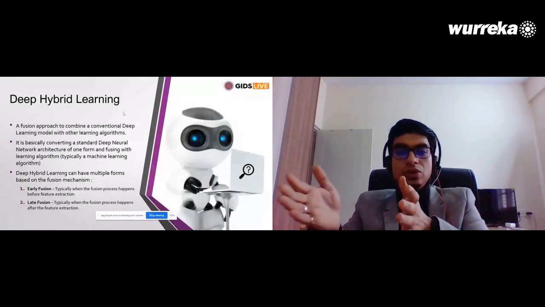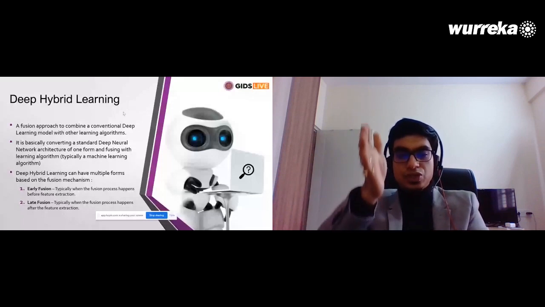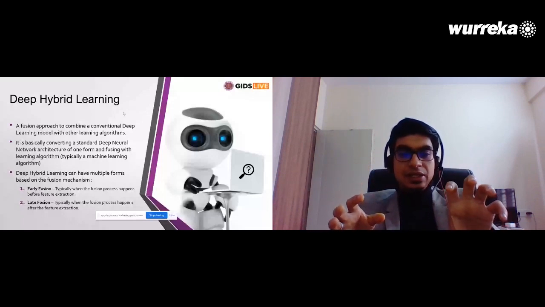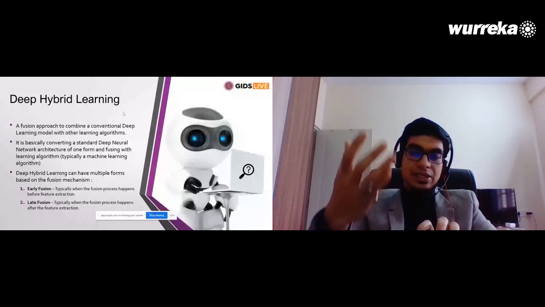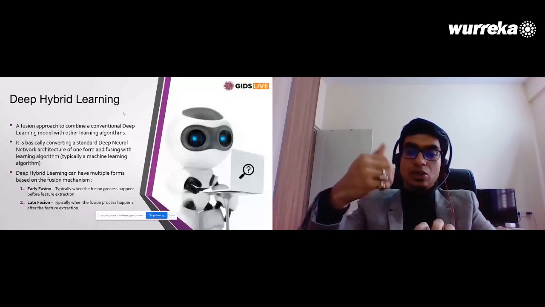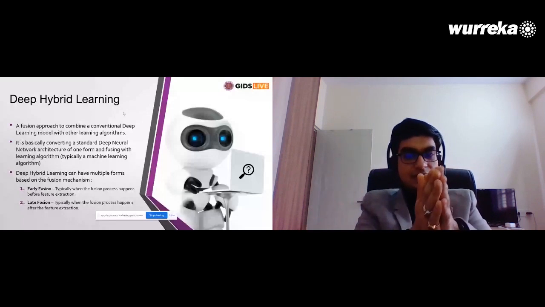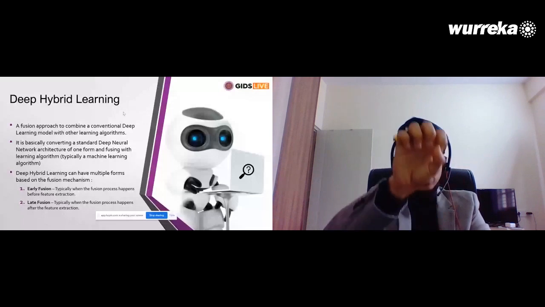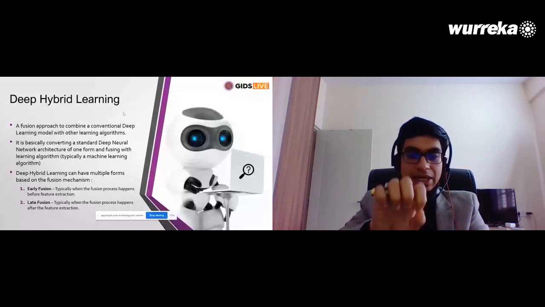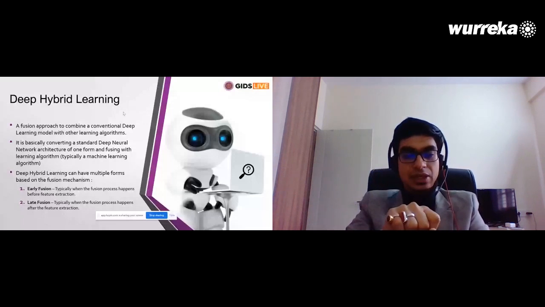So if the fusion between a classical deep learning approach and another, let's say either a different deep learning architecture or a machine learning variant, happens before the feature extraction part, that is when we call it an early fusion mechanism, an early fusion method.